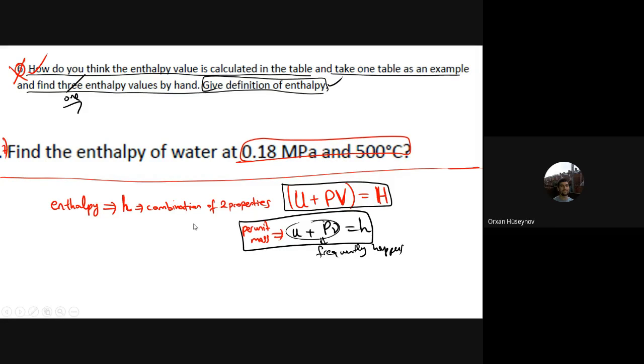I will write 0.18 megapascal, which is 180 kilopascals, and this one is the pressure, and temperature is 500 degrees Celsius. At this pressure and temperature, the question asks me to find the enthalpy value H.